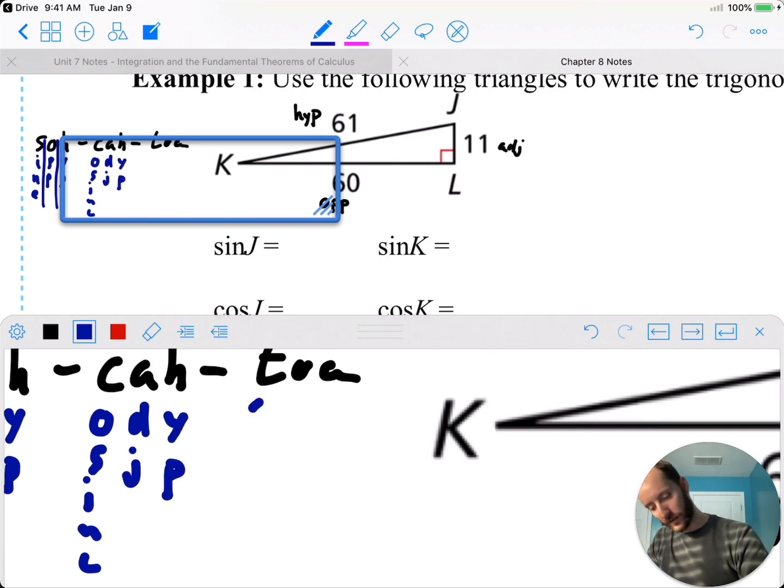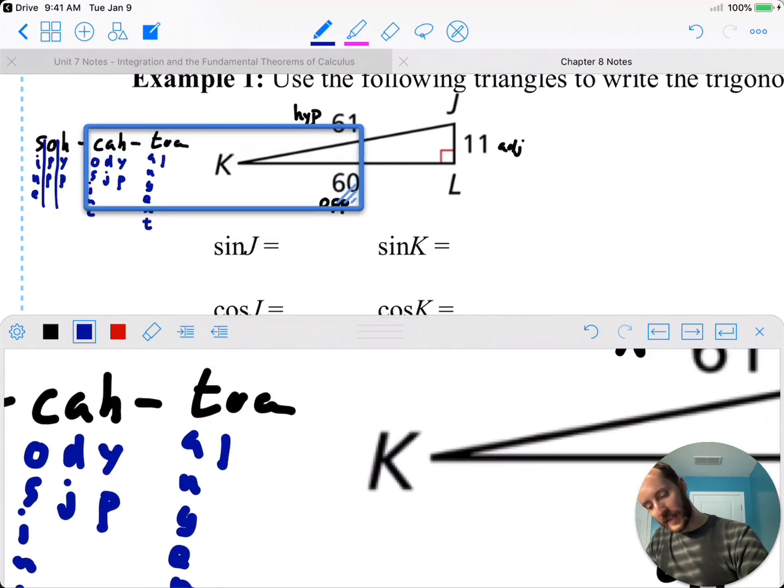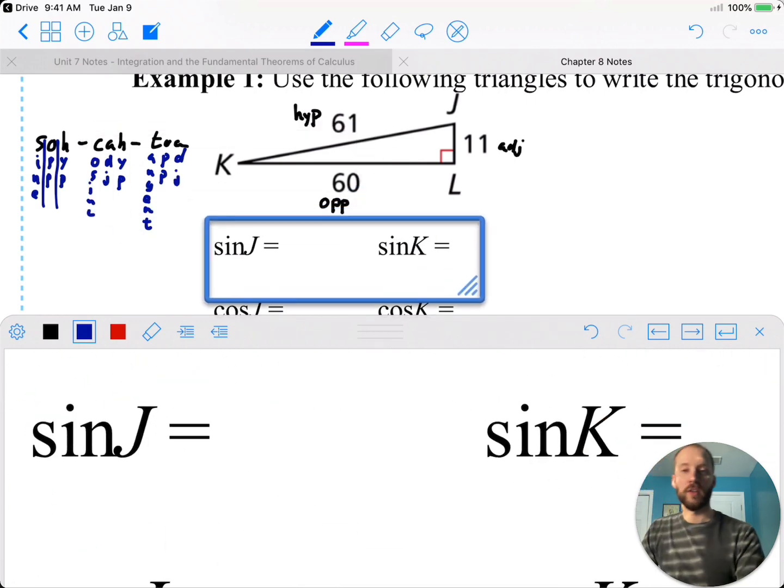Tangent, when I spelled out the other two, I'll spell out this one too. Tangent is the opposite over the adjacent. So angle J, opposite 60, hypotenuse 61.